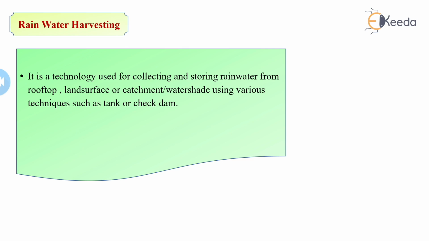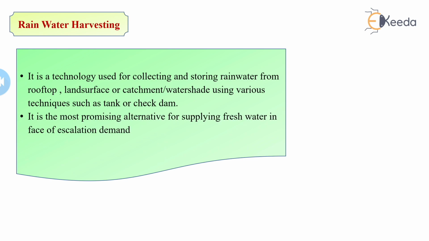And when the water is needed, we can extract this water by digging wells and aquifers. Likewise here also, rainwater harvesting means the collection of water from a large open area. It is a technology used for collecting and storing the rainwater from the rooftop, land surface or catchment by using various techniques, that is tank or check dam.